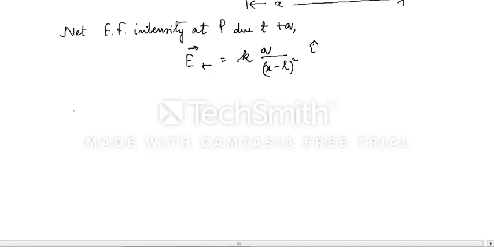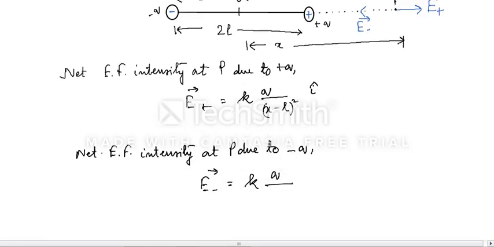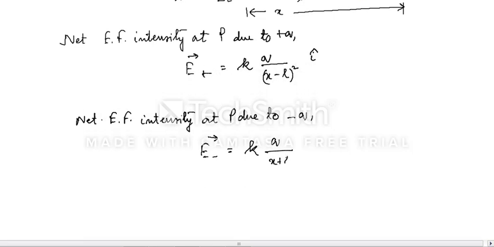And net electric field intensity at P due to minus Q, E minus will be equal to K Q by the distance, as we can see from the figure, the distance between minus Q and point P is x plus L whole square, minus i cap will be the direction of the electric field.